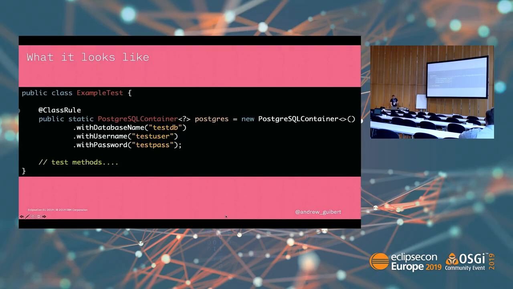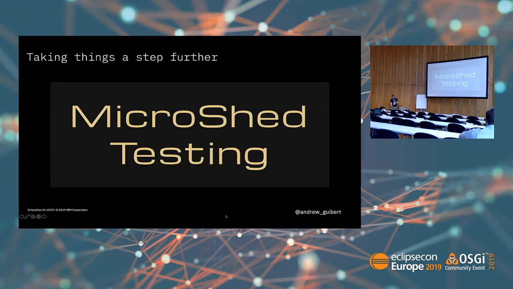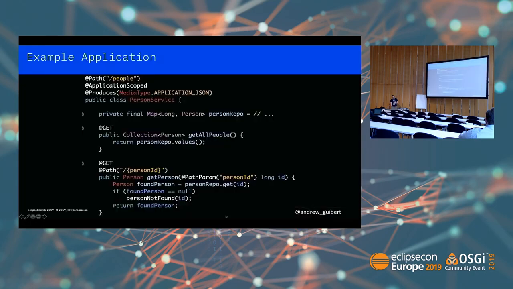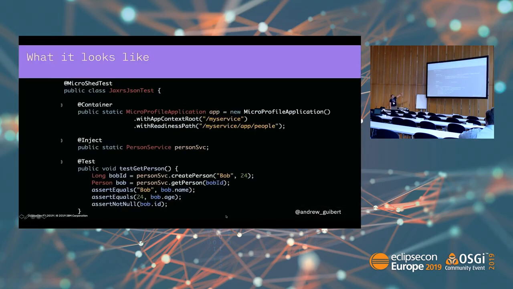Another thing that we have with MicroShed Testing is, say I have multiple containers defined here, and I don't want to restart them for every single test class. Say I have like 20 test classes. You can put a class level annotation on your test class that basically moves the @Container and the public static field all into one separate class.